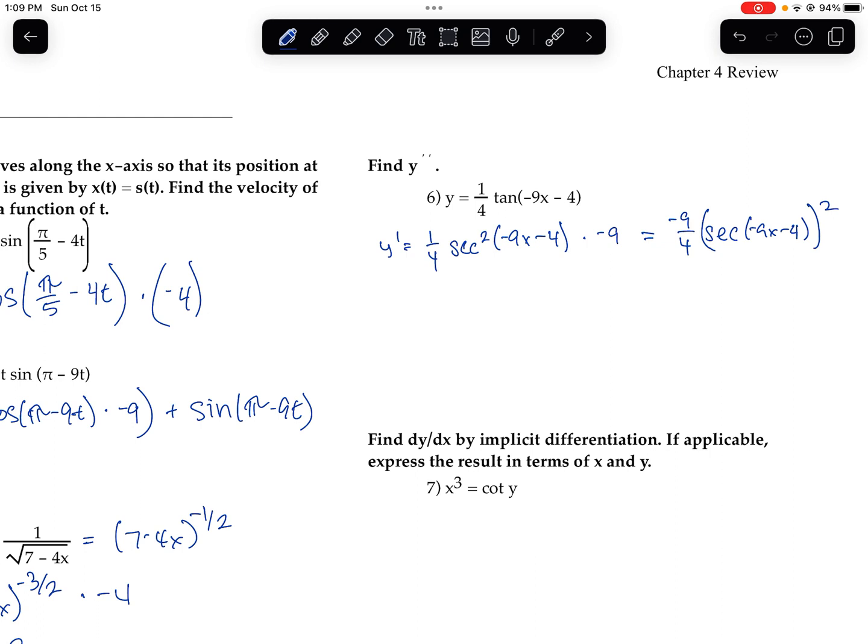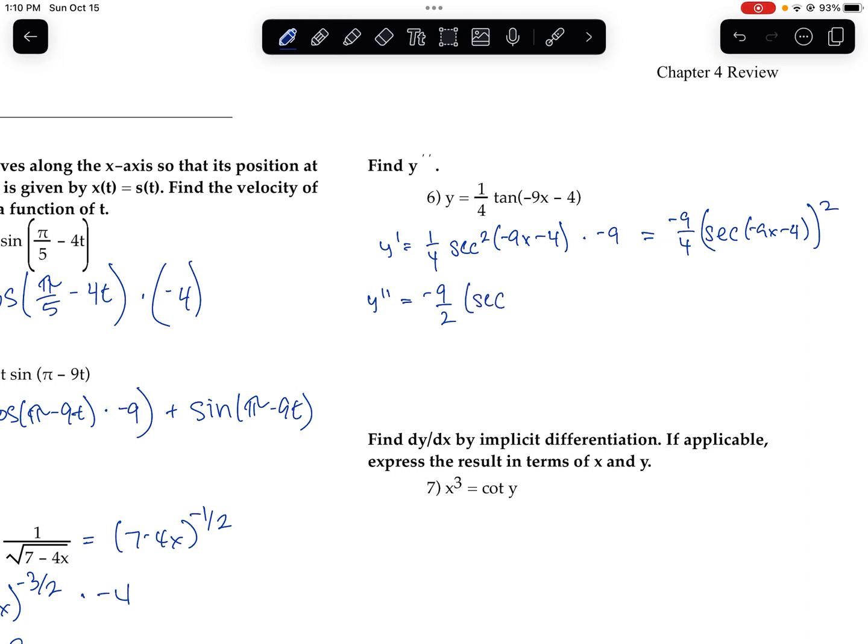So I'm going to do that for the sake of the next derivative, because I'm going to find y double prime. And y double prime is going to be equal to, I'm going to use the power rule because that's the outside function. The function is squared. So drop that, that becomes negative 9/2. And then I'm going to keep the inside the same.